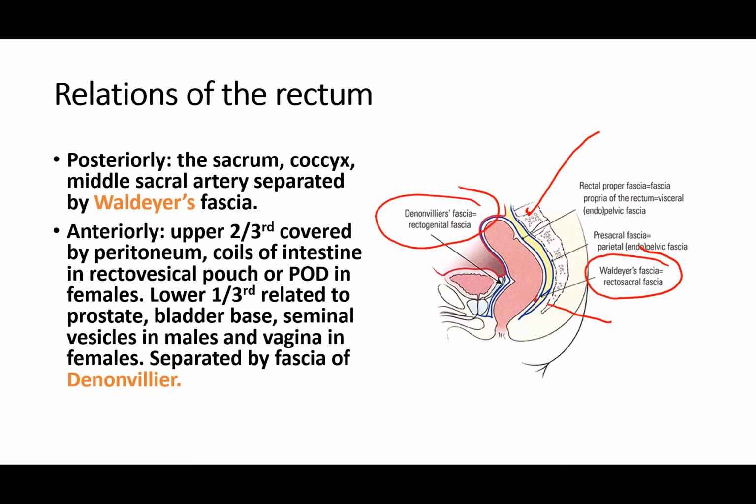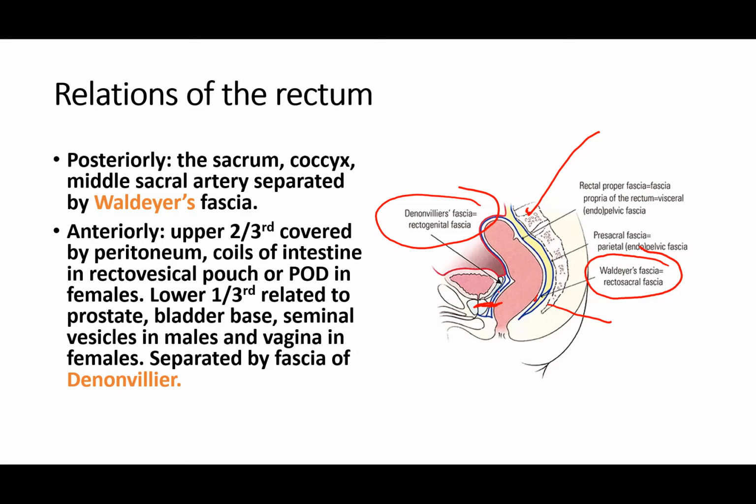Because of these close relations, if you have tumors in the rectum, sometimes they can penetrate to involve the seminal vesicles, and the patient might have hemospermia. You'll be seeing blood in their semen. Or it might infiltrate the vagina, and the patient will have passage of stool per vagina.